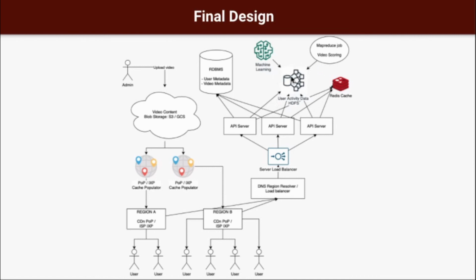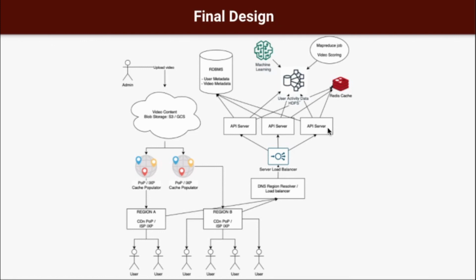So then for the next request, instead of accessing HDFS, all these API servers can access the Redis cache. So I think this is what we're gonna do. We're gonna have blob storage and CDN or maybe IXP or maybe both. And we're gonna have a load balancer for DNS, and of course a reverse proxy load balancer, and we're gonna have several API servers because we need 1.4 terabytes.